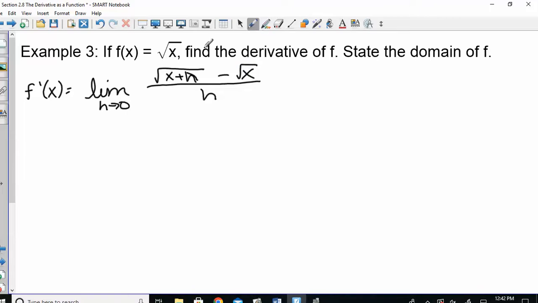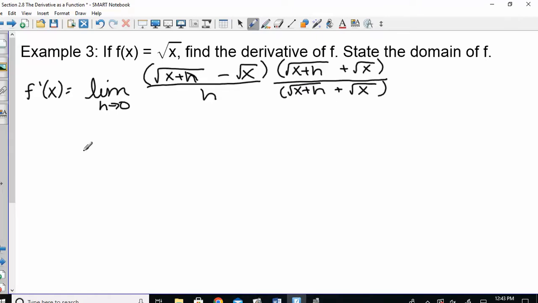What should we do here? So we have the square root of x plus h plus the square root of x, and the square root of x plus h plus the square root of x on the bottom.